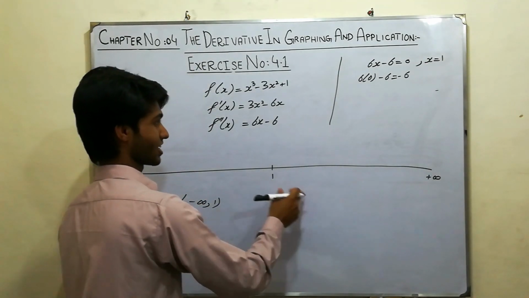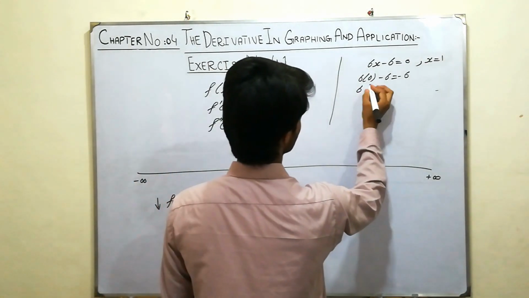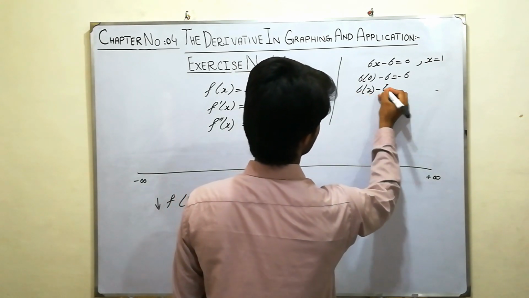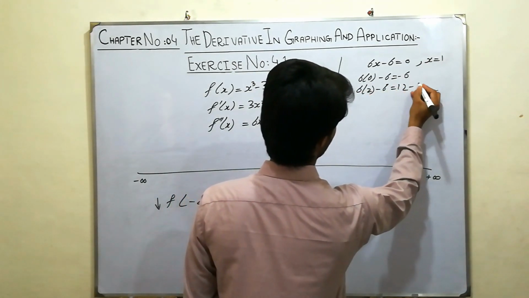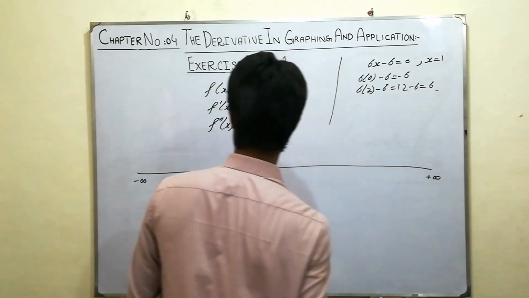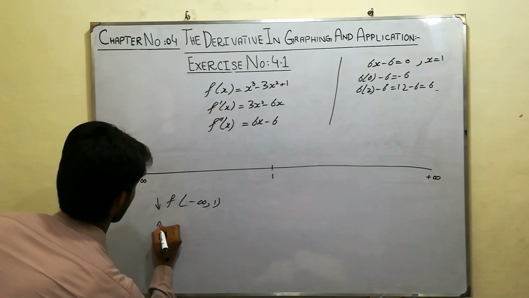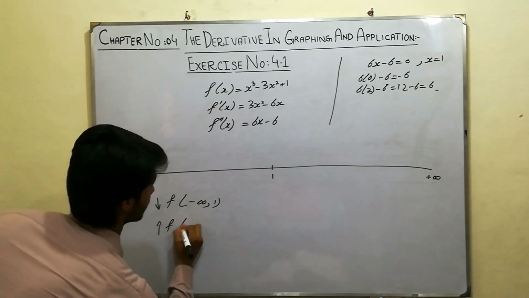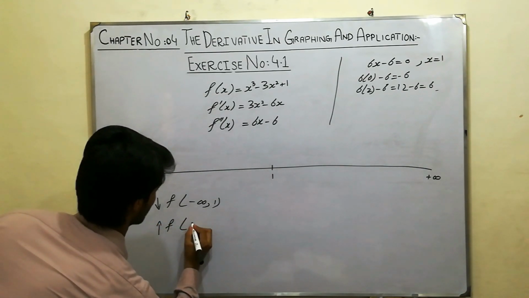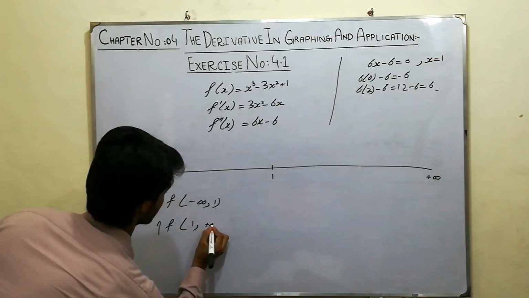If we put a value greater than 1, let's suppose 2, we have a positive value. It means the function is concave up from 1 to plus infinity.